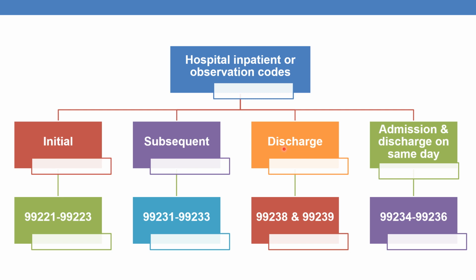The discharge codes come under 99238 and 99239. And finally, whenever the patient gets admitted and discharged on the same day, the reportable CPTs come under the category 99234, 99235, 99236.